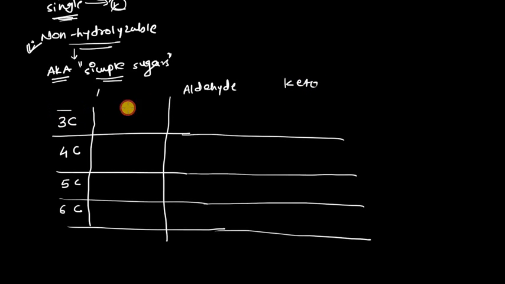If a monosaccharide has 3 carbons, we can collectively call it a triose.